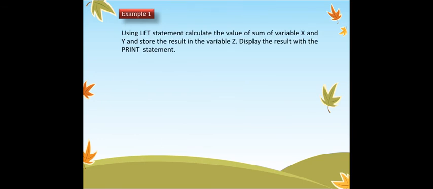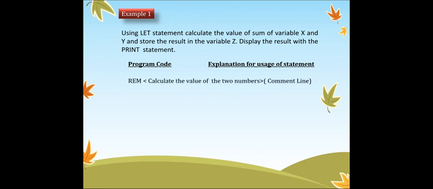Let us see one example. Using the LET statement, calculate the value of the sum of the variables x and y and store the result in the variable z. Display the result with the PRINT statement. Let us see the program code and explanation for uses of the statement. The first line, we should write REM, that is calculate the value of two numbers. This is a comment line.